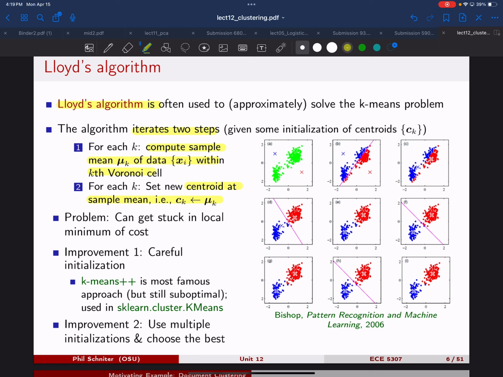But this particular one, you have to tell it exactly how many centroids you want. Sometimes you know that, and sometimes you don't. Okay, any other questions? Okay.